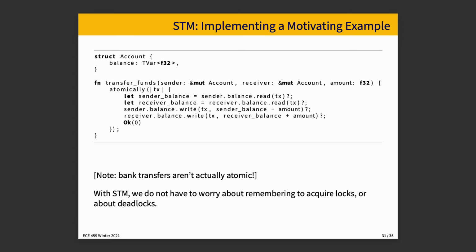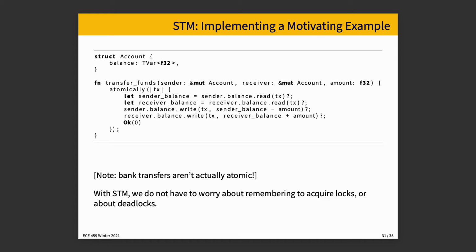With software transactional memory, you'll notice we don't have to think about acquiring the locks here. There's no concern about whether we have the account mutex, and whether we acquired them in some consistent order to prevent the possibility of deadlock if this kind of thing happens at the same time as another call that is doing the same thing but in the opposite direction. That won't happen.